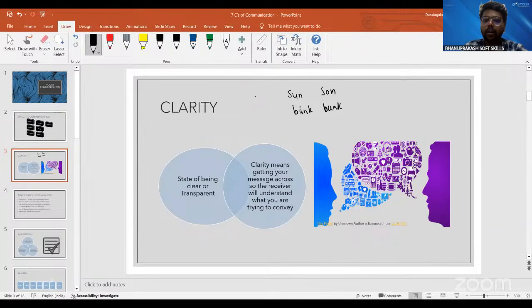So you have to use appropriate words whenever you speak or write. And clarity means getting your message across so the receiver will understand what you are trying to convey. So he should understand everything, as you need to follow a lot of things like a correct pace, which is your speed of the language, and the correct use of vocabulary.